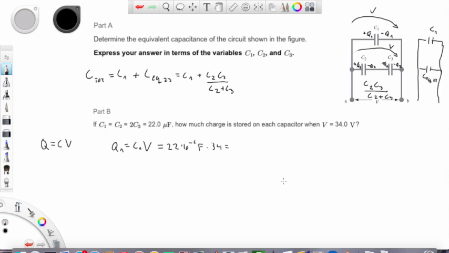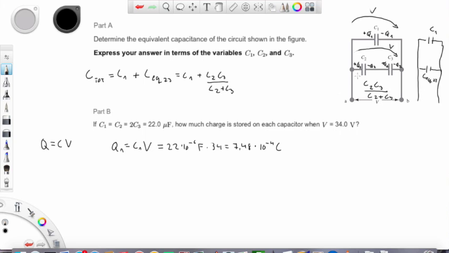And this will give us 7.48 times 10 to the minus 4 coulombs.